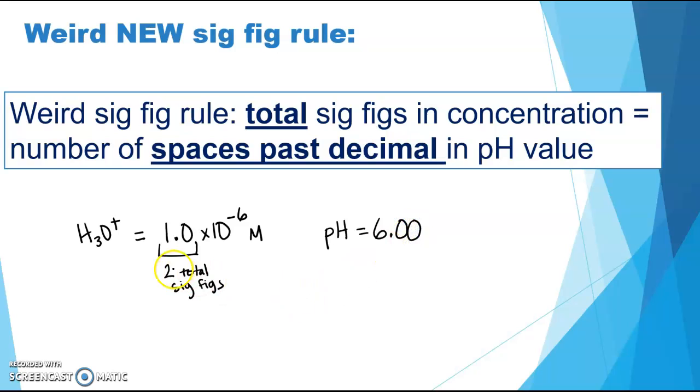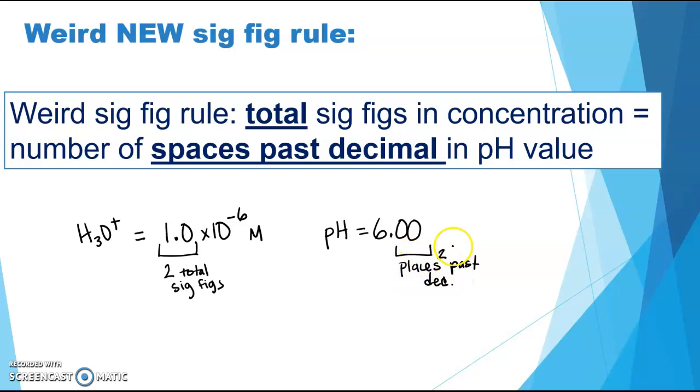0.00. So the total sig figs in your concentration becomes places past the decimal in your pH value. So 2 total becomes 2 places past the decimal. And if I were going the other way, I would do the same thing.